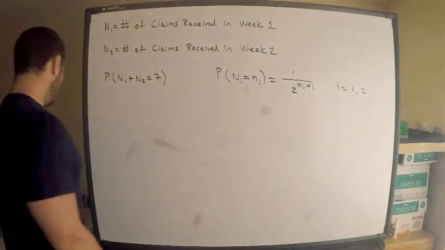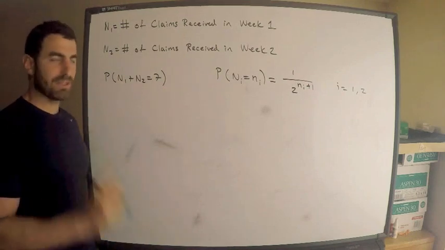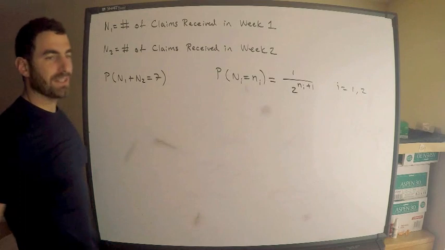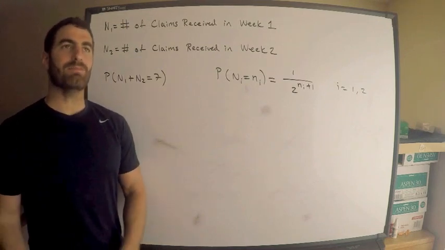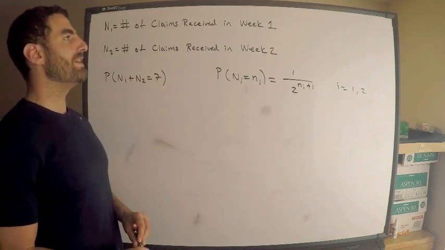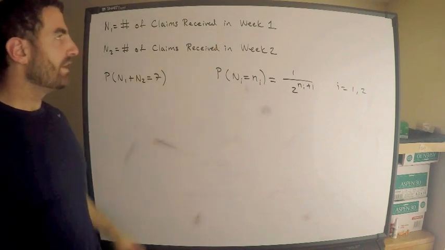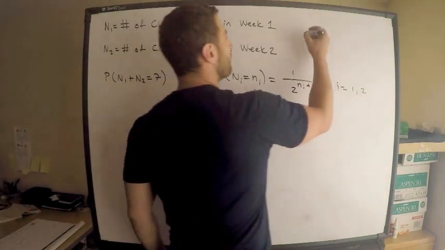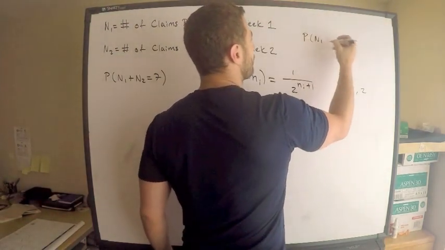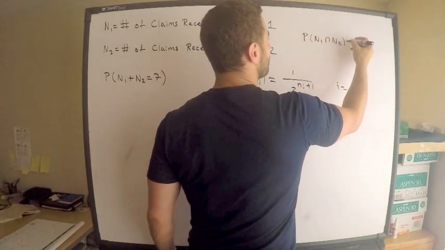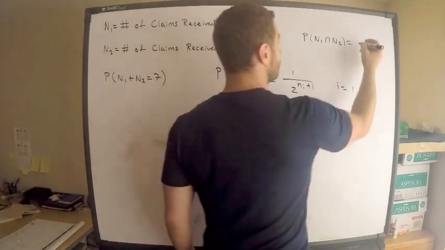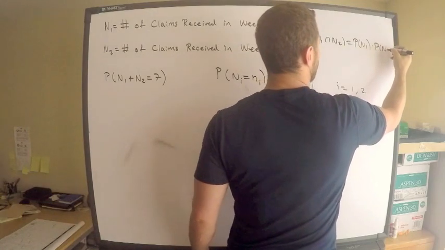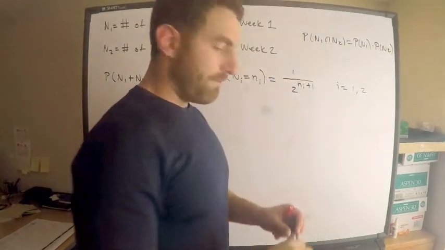We're also given one other piece of information: the random variables are independent. The number of claims received in a given week is independent of any other week. Namely, claims received in week 1 are independent of those in week 2. So we also have that the probability of N1 and N2 is the probability of N1 times the probability of N2, by independence.